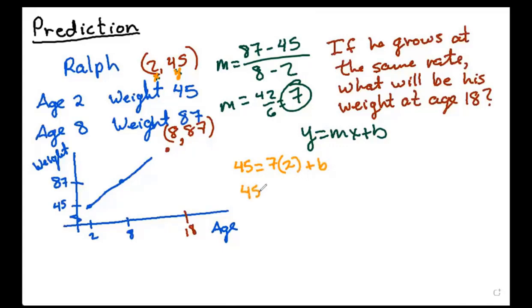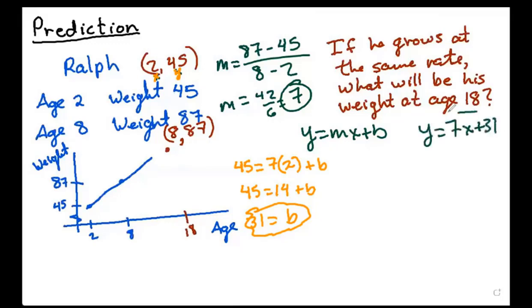That's 45 equals 14 plus b. Minus 14, we get b equals 31. Yay! So we have b equals 31 and m equals 7. We know what this equation is now. This is y equals 7x plus 31. And that gives us all of the information we want.